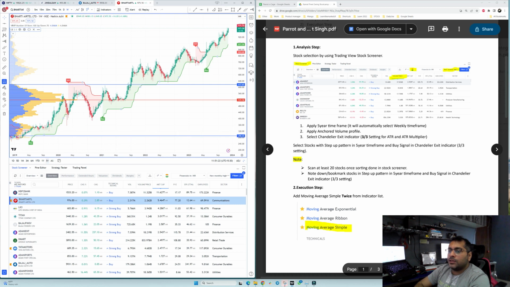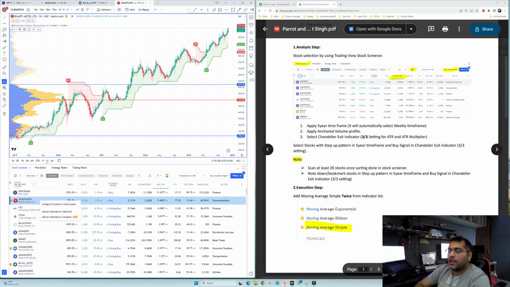Now we just need to make sure it's 5 year, VRVP tool is selected with the same settings. Now as you can see, the stock price is outside the upper band and with a green bar. So this is a step up pattern, and we would just simply bookmark it like I have bookmarked it over here.